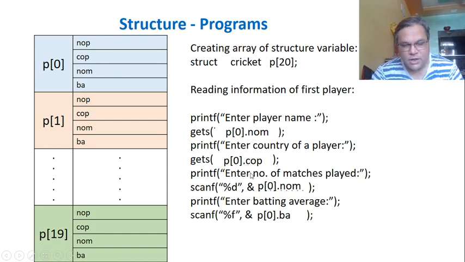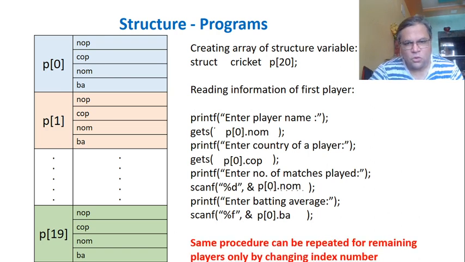But whenever we are reading an integer field or float field, we need to specify the address of that field by using the address of operator. This will initialize only the first element of array P, that is the record of player 1.